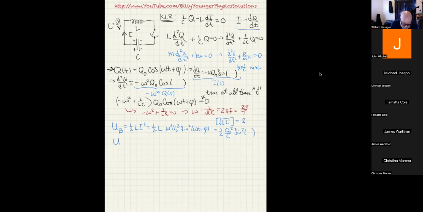Now I'm going to calculate the energy stored in the electric field, which is 1/2 CV squared.